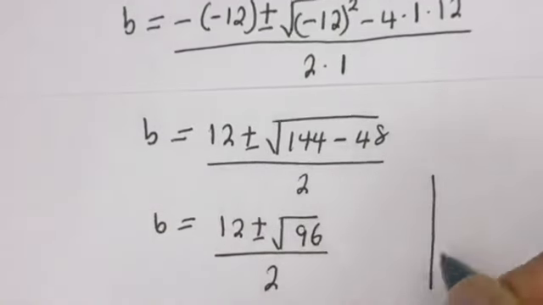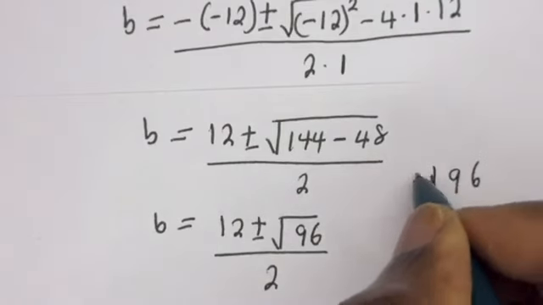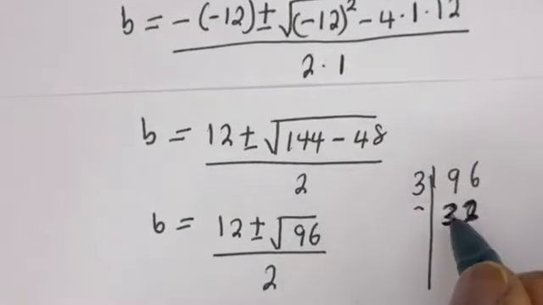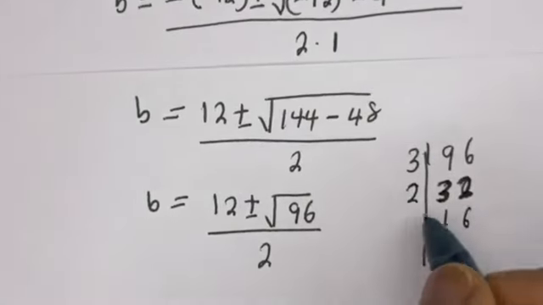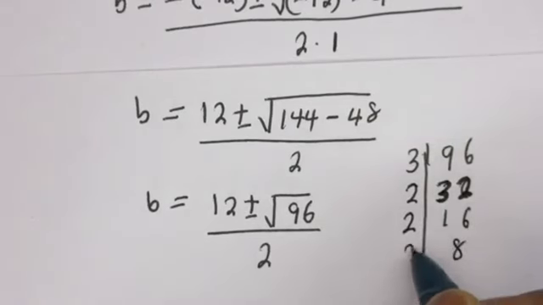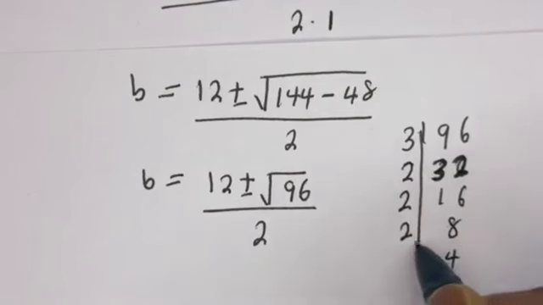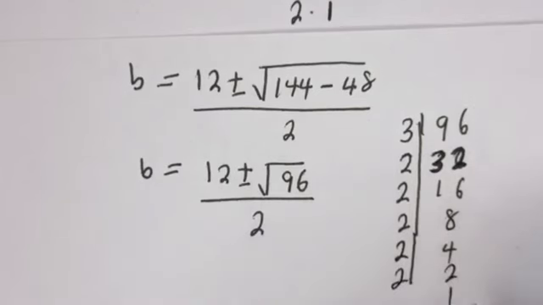Dividing by 3 gives 32. Dividing by 2 gives 16, then 8, then 4, then 2, then 1.